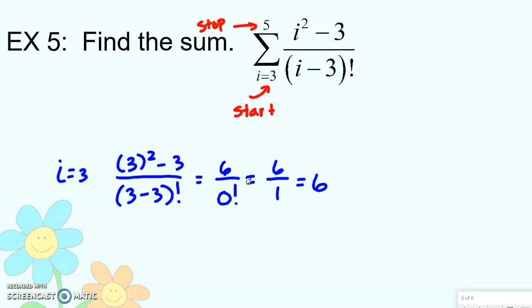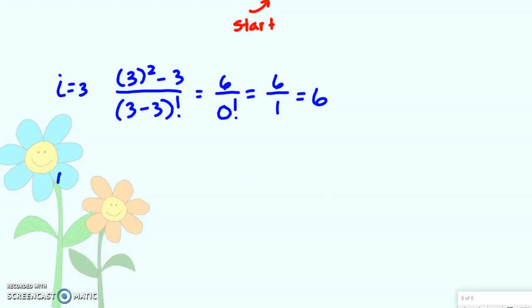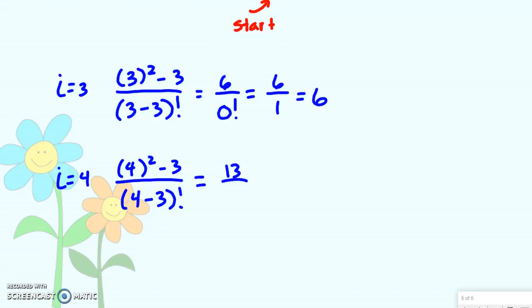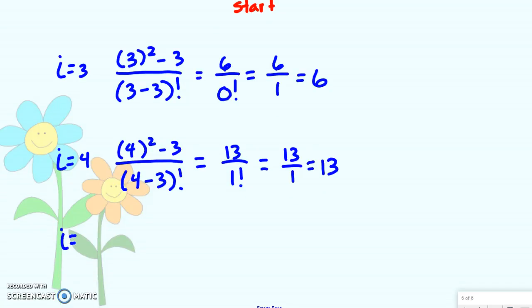Okay, so there's 6. And now I'm going to calculate where I is 4. So 16 minus 3 is 13. This is 1 factorial. 1 factorial is also 1. There is one way to choose one thing. Okay, and then I equals 5. So pause the video, calculate I equals 5.